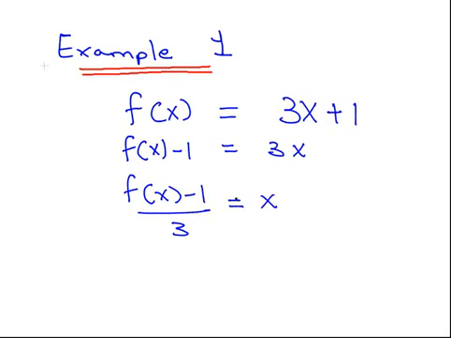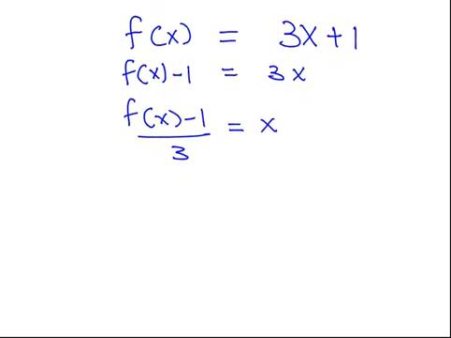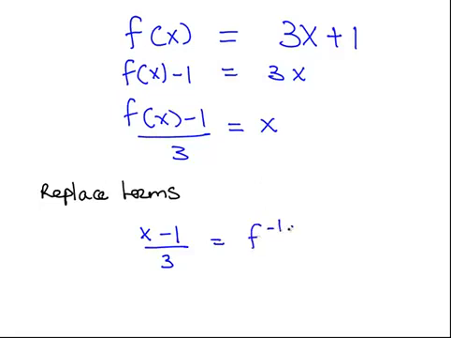So those are the steps we take, and that's step 1 done. Now we're going to replace the terms. We replace f of x with x, so we have x minus 1 over 3, and x with f minus 1 of x. That was a simple enough example.